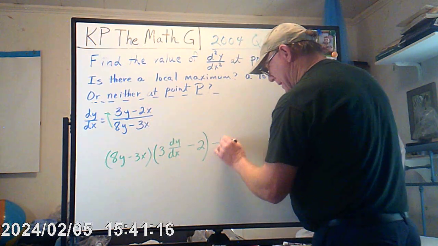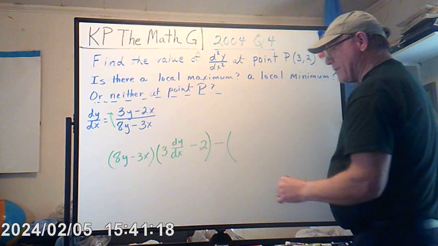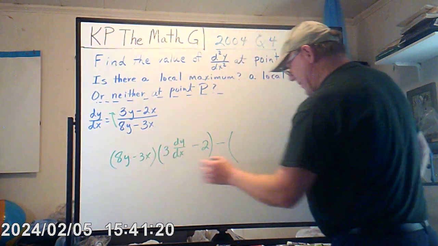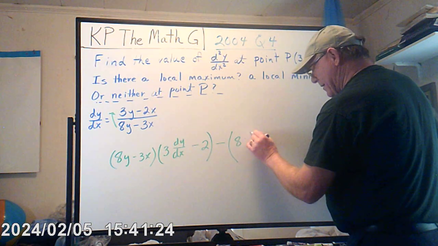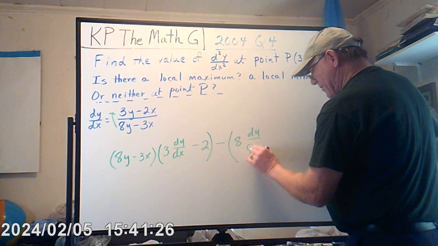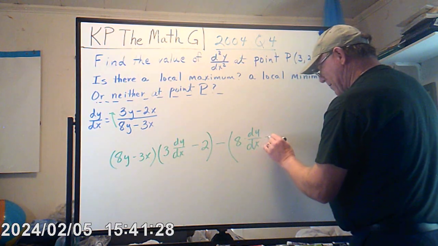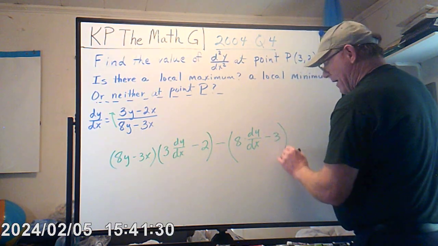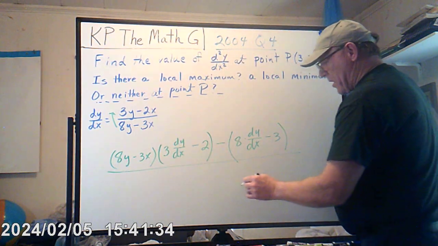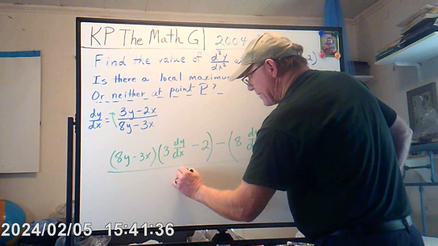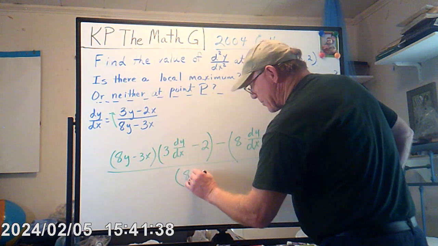Minus sign. So now the derivative of this is 8 times dy over dx minus 3. And then we're going to go ahead and do this part down here, low squared.